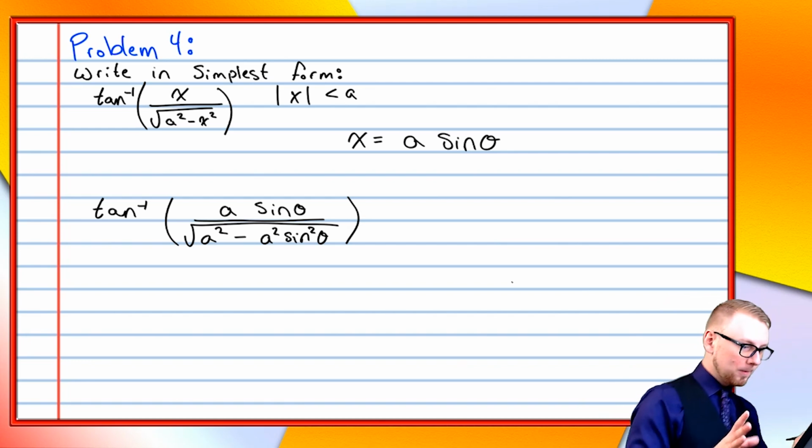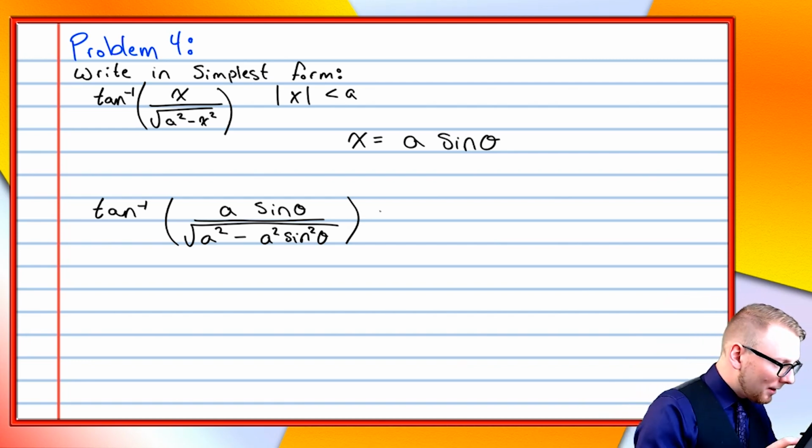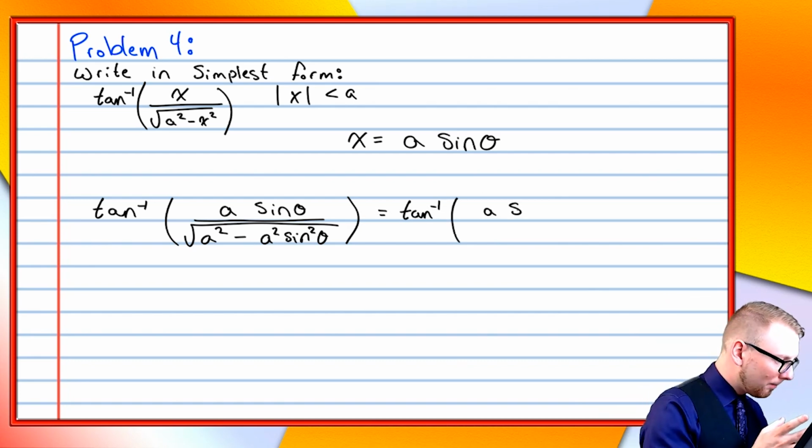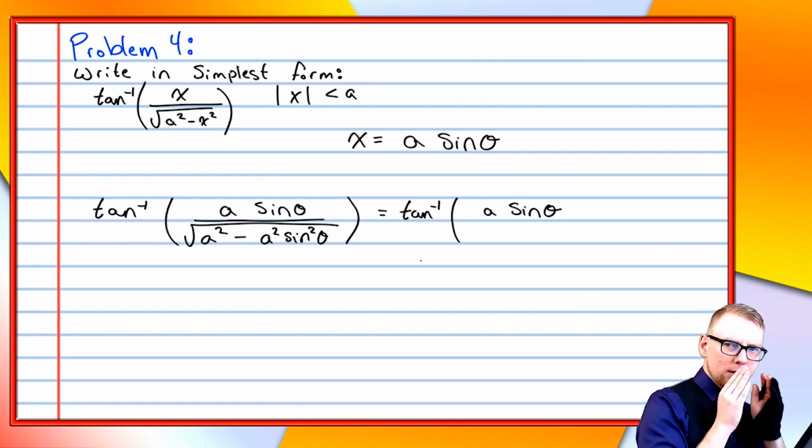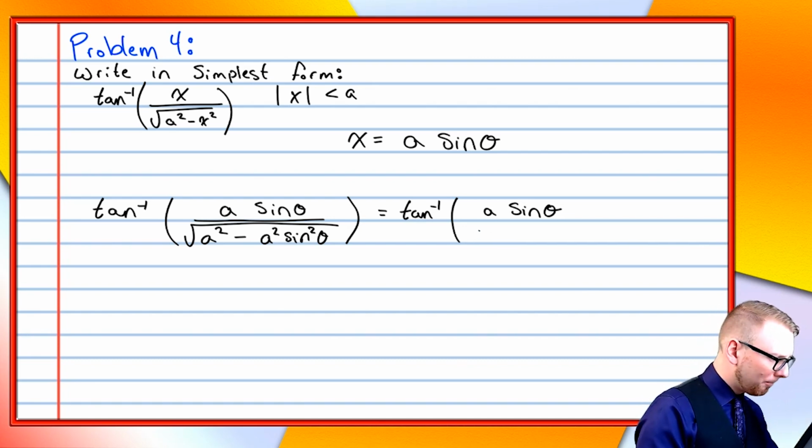All right. That's going to become tan inverse of, well, a sine theta stays the same. But we can factor out this a squared on the bottom. So I'm going to write it twice. We've got a squared, 1 minus sine squared.